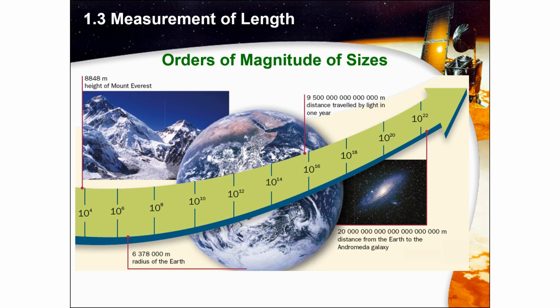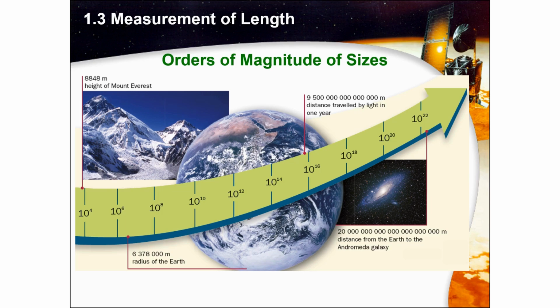And if we go forward to 10 to the power of 16, we can find 9.5 times 10 to the power of 15, the distance traveled by light in 1 year. Okay, you can imagine, so big.